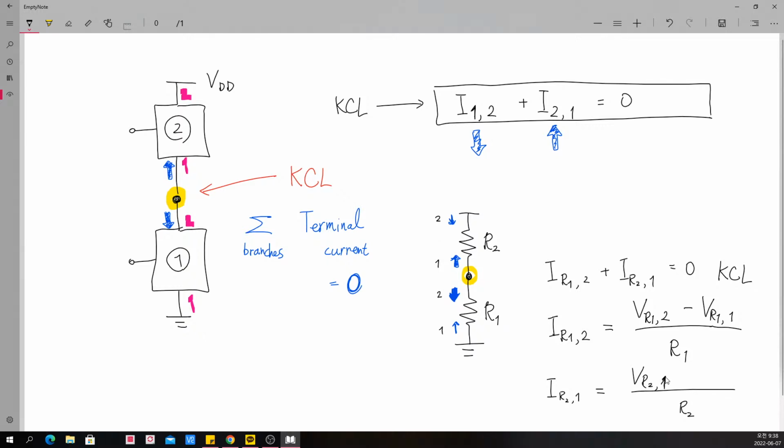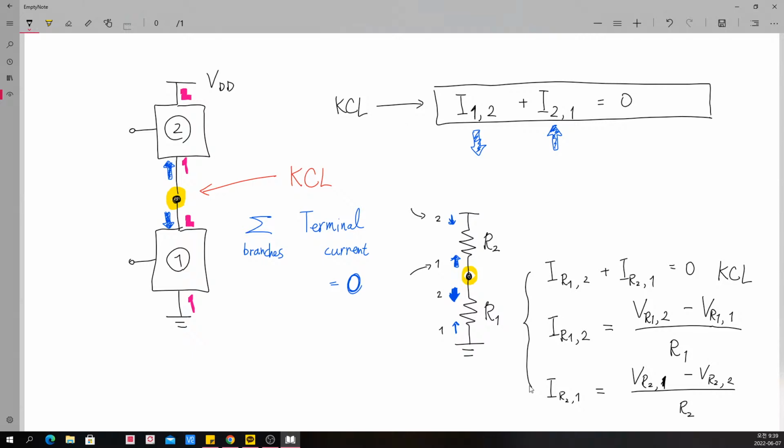Please note that this is not 2, but now becomes 1 minus V of R2 comma 2. This one should be the reference and this one is the measured quantity, so the difference is given this way. Now, are you happy with all of this calculation?